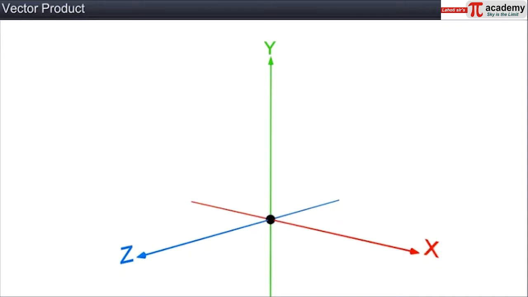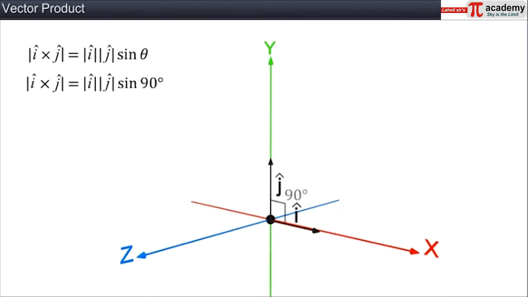If we consider unit vectors i, j, and k along the three given axes, then i cross i is equal to 0. Similarly, j cross j and k cross k are also equal to 0. The vector product of i and j is equal to the product of the magnitudes of i and j and the sine of the angle between them, which is 90 degrees.